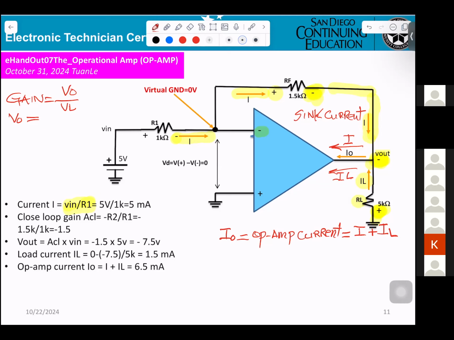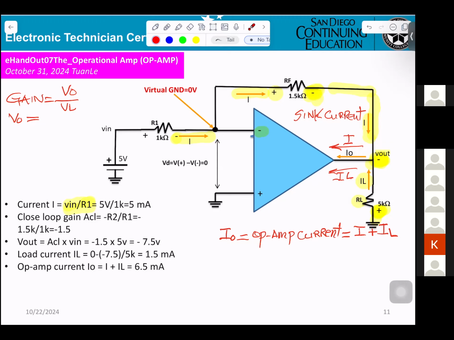You know Vout is from here to the ground. So basically Vout will be equal to IL times RL. However, we don't deal with RL. That's a load resistor, and it will be varied.